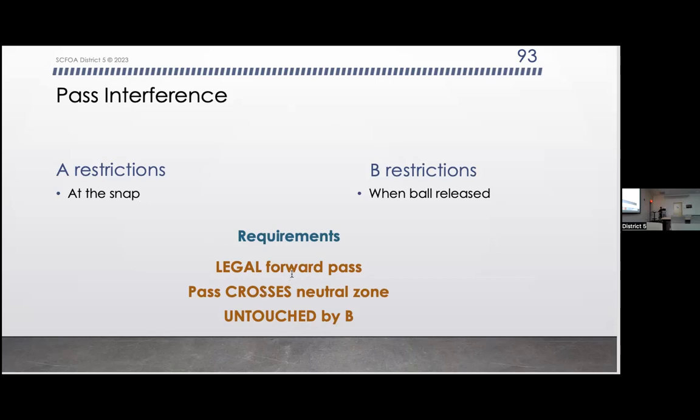So requirements to have pass interference for A or B is a legal forward pass crosses the neutral zone untouched by B. So one other criteria is that the contact has to be beyond the neutral zone as well, right? So if we've got some early contact in the backfield on a pass that's caught behind the line of scrimmage, is there anything there the way I described it?